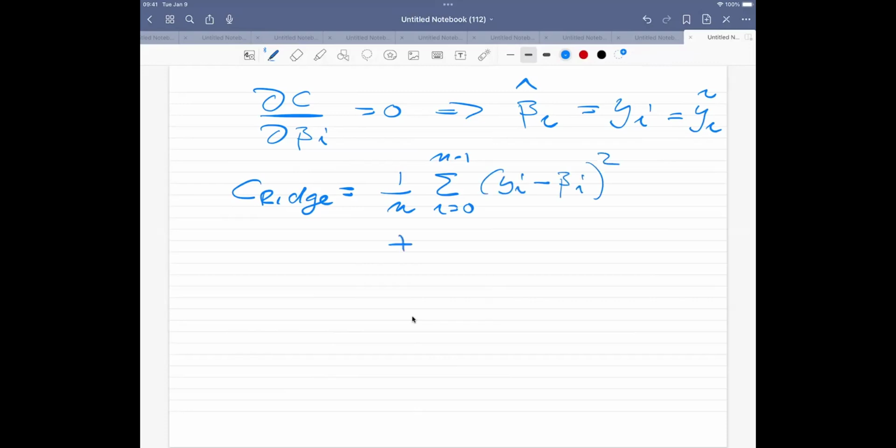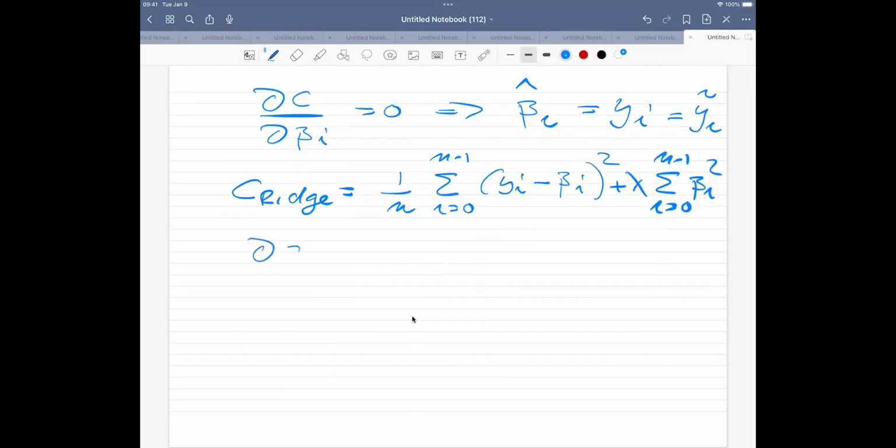And then I'm going to have a lambda. Let me just rewrite this one because it got a little bit clumsy: lambda times the sum over I equals 0 to n minus 1 of beta I squared.